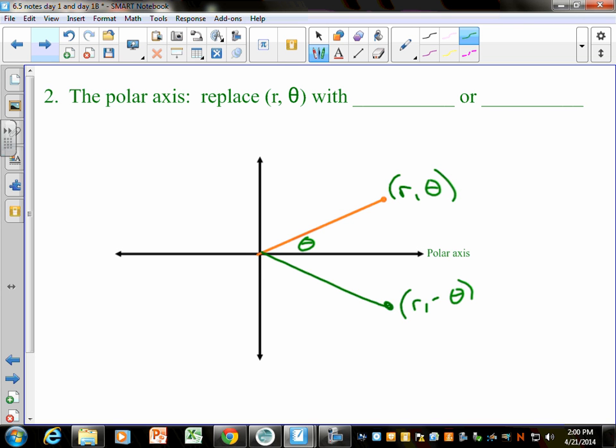I don't even know why I give you both of these, just because the book gives you both. The one that's the simplest is the one I use, so we're going to circle that one. But if you wanted to make r negative on this one, that's the same as saying negative r, pi minus theta. I don't know that that's necessary. That's the easiest one to use, so this is like the x-axis.